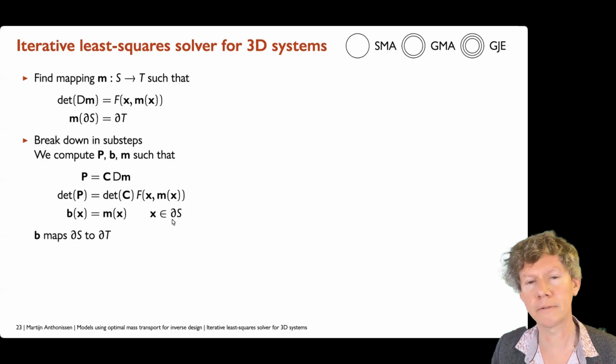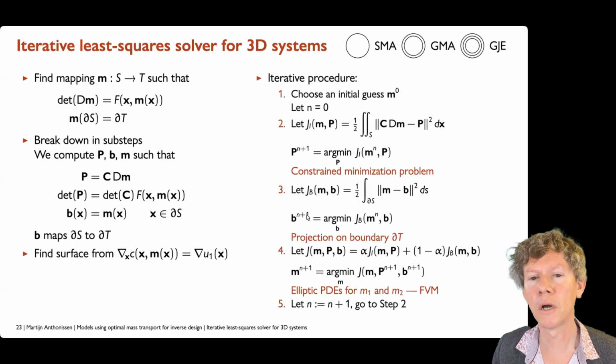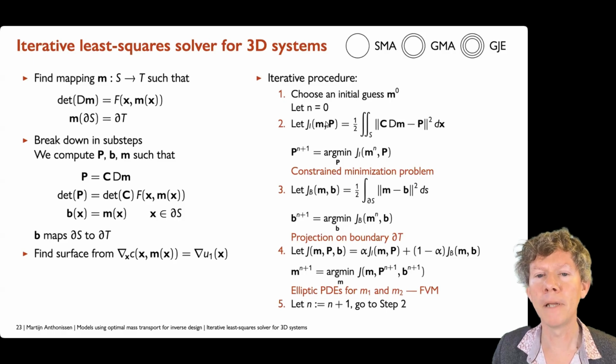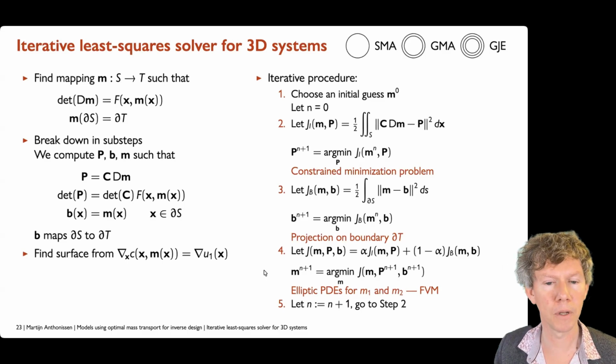And we do that, this is going very quickly, but we have written a number of papers on this. We minimize this functional to find a new approximation for the P matrix. Then we make sure that the boundary fits or gets better, and then we update the mapping. So you see that this is an iterative scheme that computes the optical mapping that performs what we would like it to do.